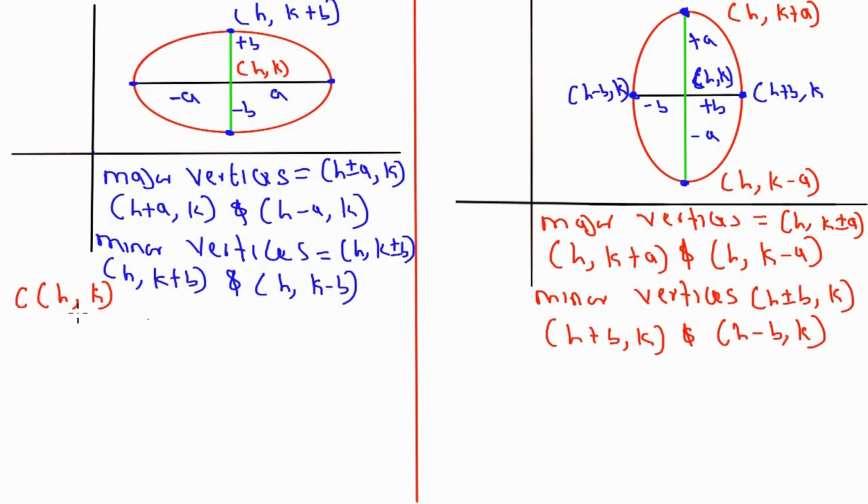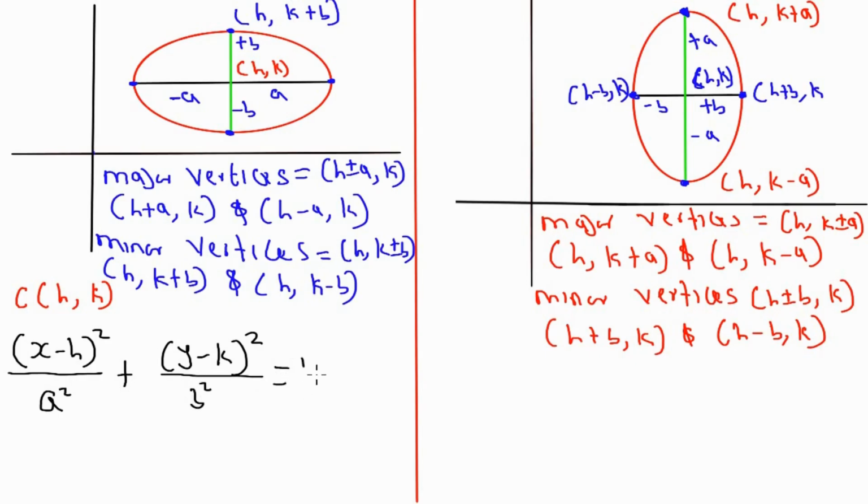Now let's talk about the formula, the equation. For the one on the left-hand side, the equation is expressed as x minus h all squared divided by a squared plus y minus k all squared divided by b squared equals 1. And for the one on the right-hand side, that will be x minus h all squared.